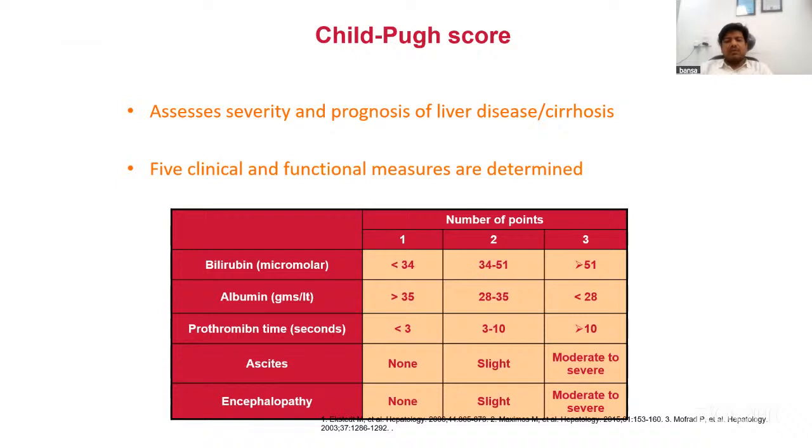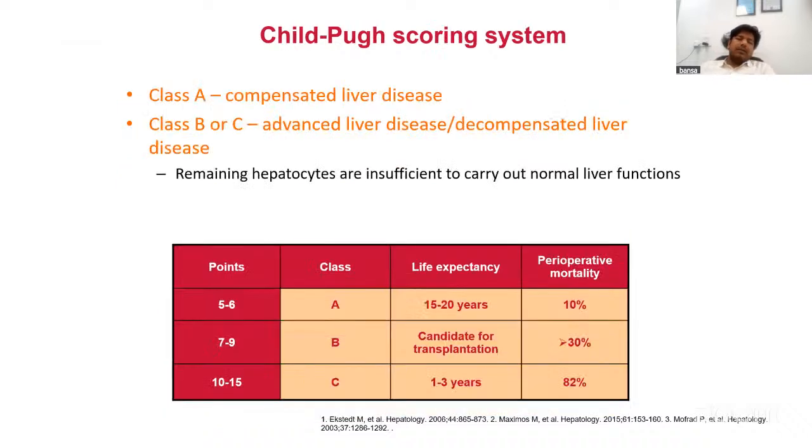On the basis of this, there is a score of 5 to 15, and we classify the liver disease into three categories: class A, class B, and class C. So 5 to 6 is class A, 7 to 9 is class B, and 10 to 15 is class C. Based on this class, life expectancy and perioperative mortality can be determined.